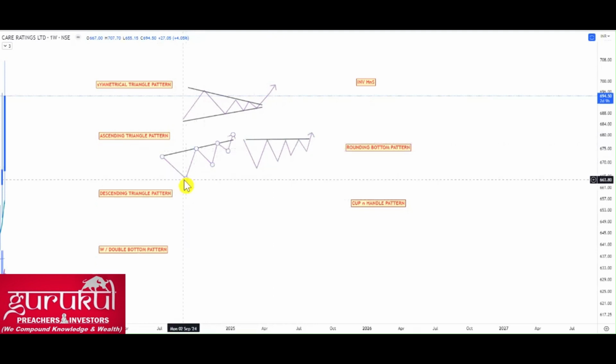You see the lower vertex of the triangle is slowly ascending towards the trend line or the horizontal resistance, right? Here, both the top highs and the bottom highs are reducing. Here, the top high is constant while the bottom high is reducing drastically, right?